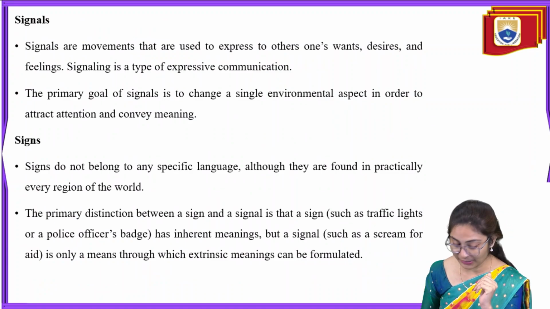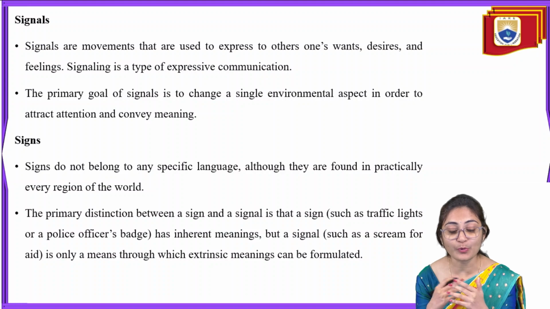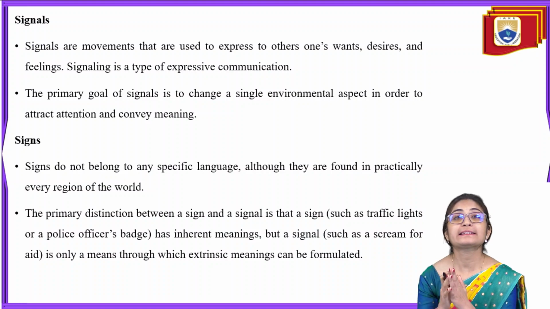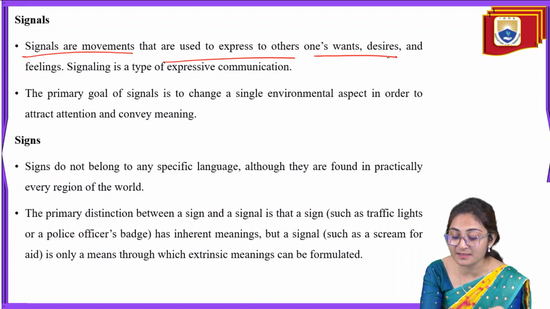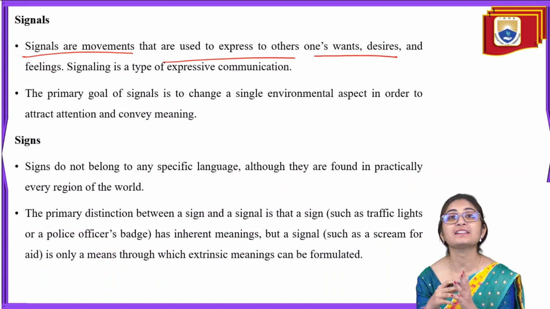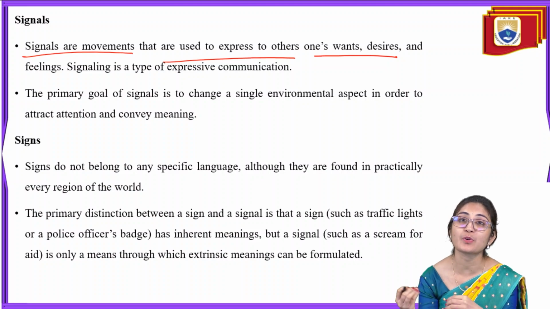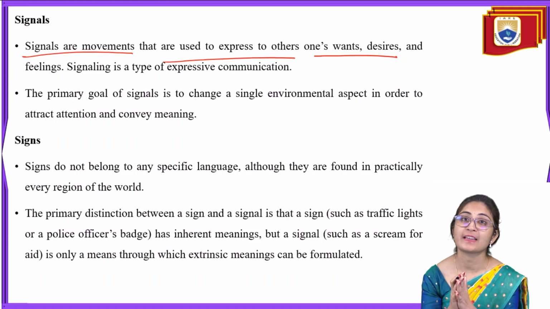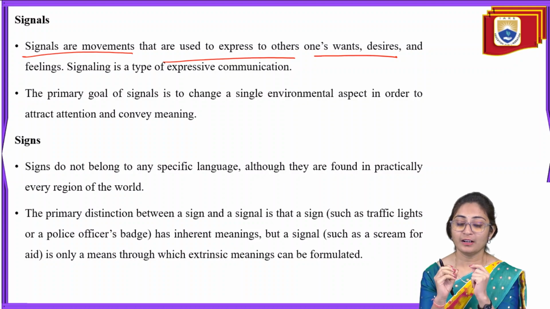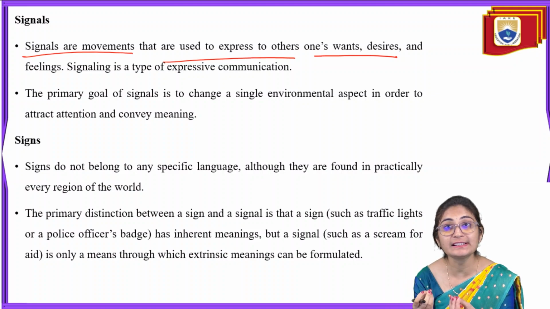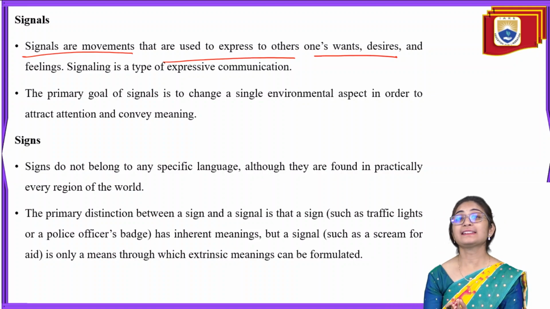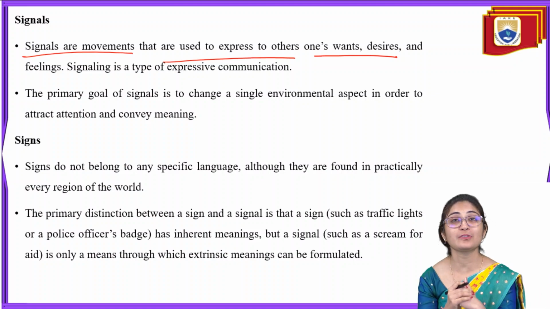Now, in non-verbal communication, there are some points which we have to cover. Signals. Signals are movements that are used to express to others one's wants, desires and feelings, and signaling is a type of expressive communication.